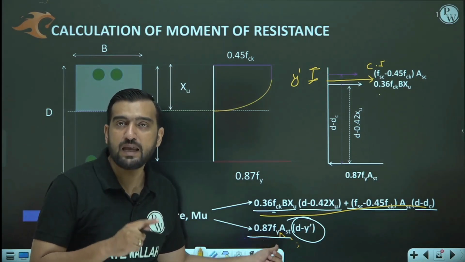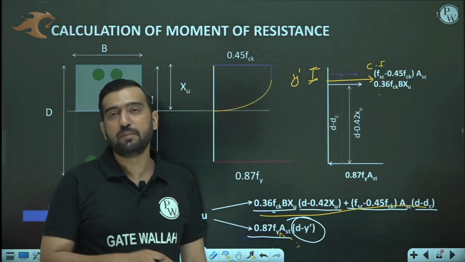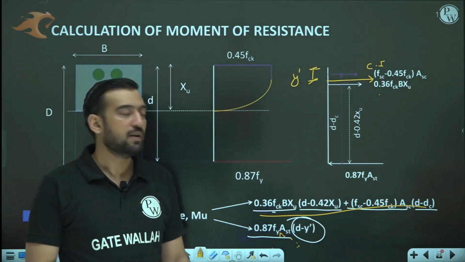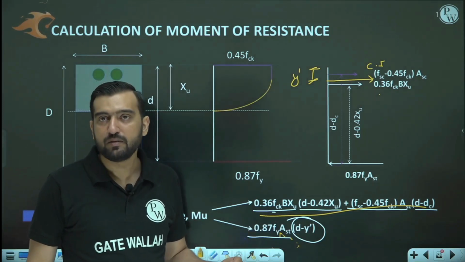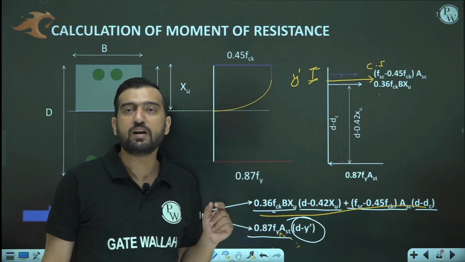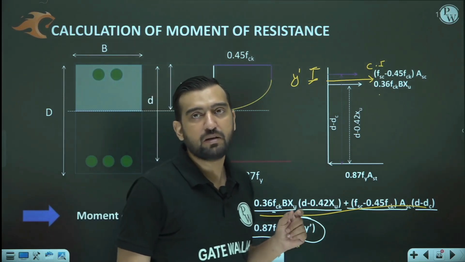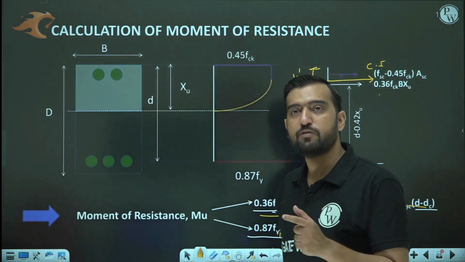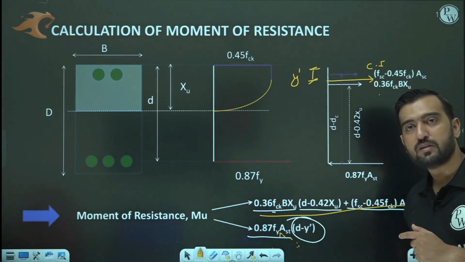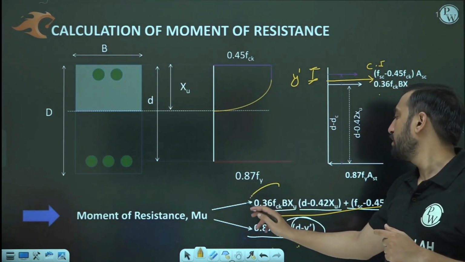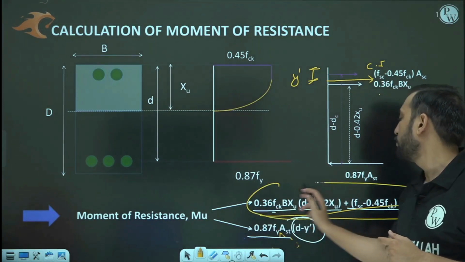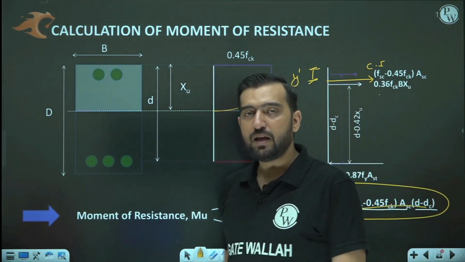You have to take Ast corresponding to the limiting condition. Then you are going to calculate y bar. So it's always advisable in LSM, especially in doubly reinforced sections and in plain sections, that you go for the compressive side moment of resistance formulation. Okay, it is quite simple.